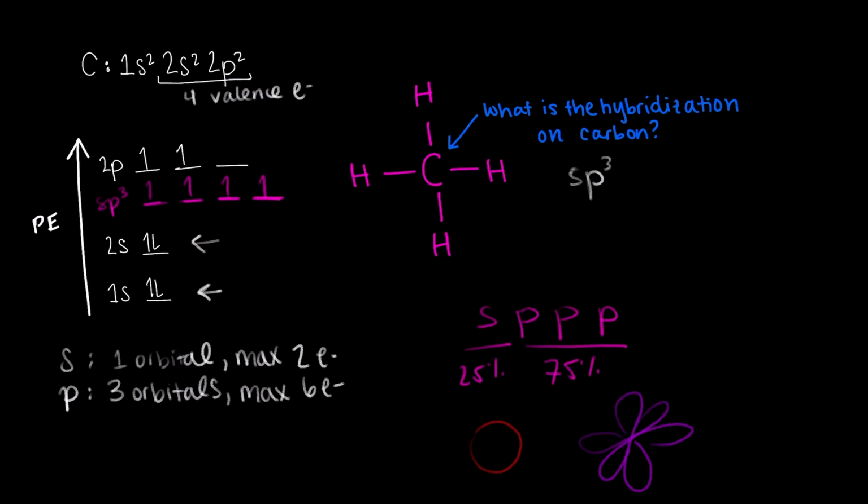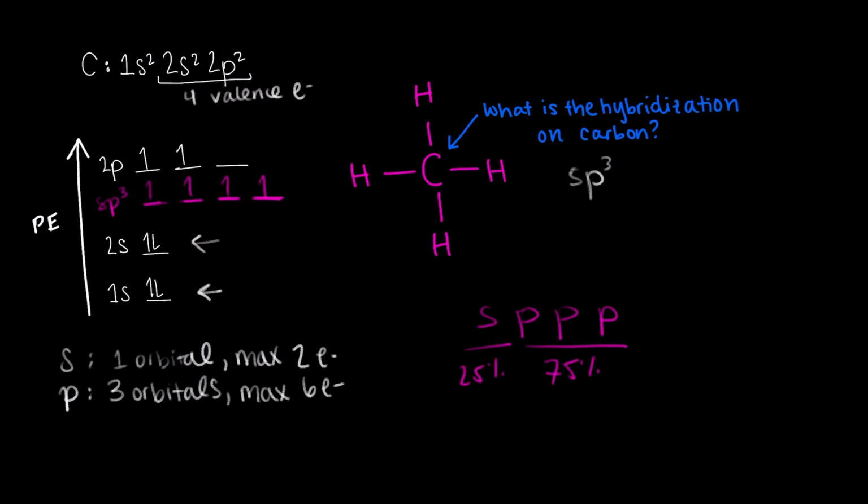But our sp3 hybridized orbital is going to be a combination of the 2 of those, and since we have 75% p character, it's going to still resemble the p a little bit more than the s. We're going to end up with an orbital that's still dumbbell shaped but slightly rounder. It's literally going to just combine the shapes of those 2 orbitals, and we end up with 4 sp3 hybridized orbitals.